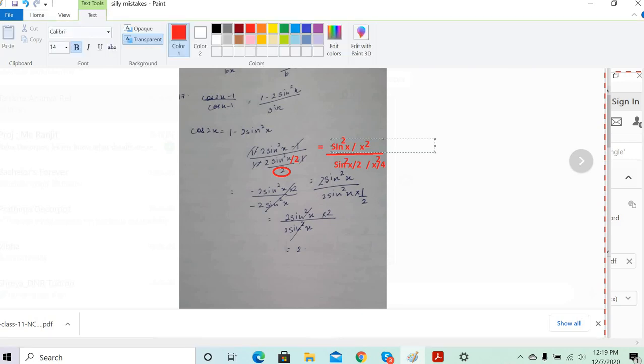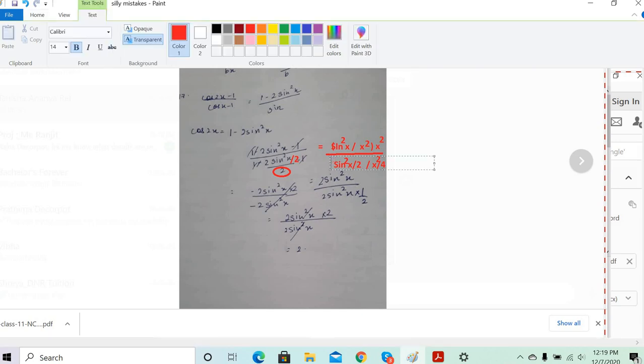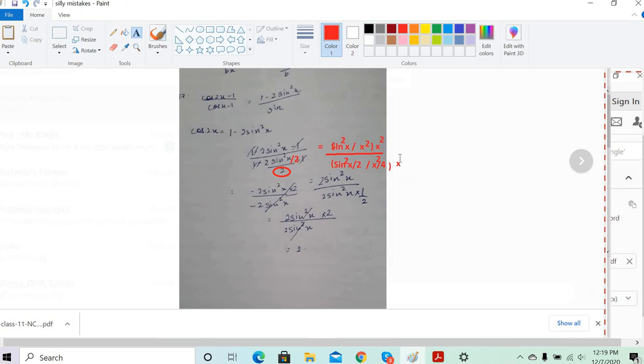So you want x square by 4 in the division, so it will be x square by 4, so the 4 will go on the top.